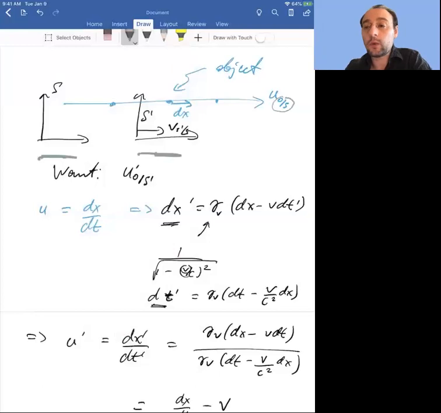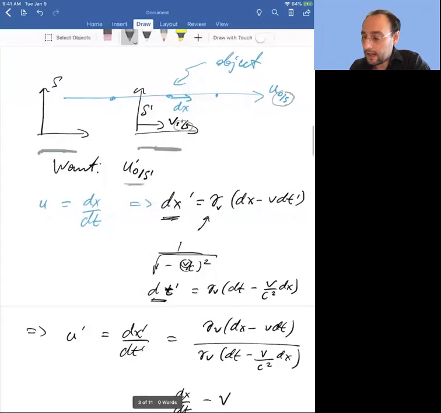It's like training wheels. Okay, so velocity of the object relative to frame S is known. Velocity of frame S prime relative to S is also known. And what we want is velocity of the object relative to S prime.